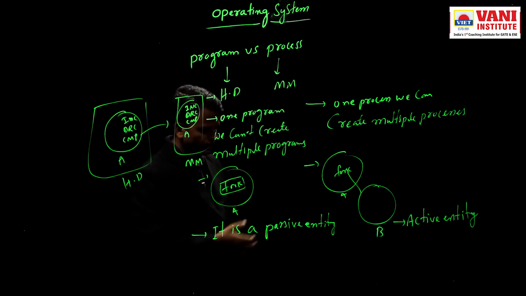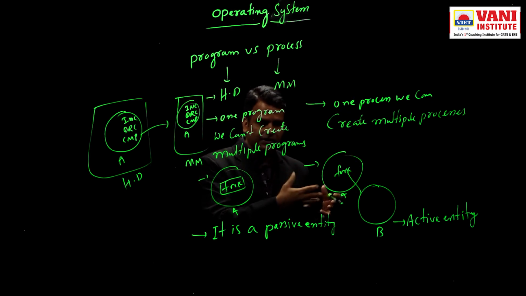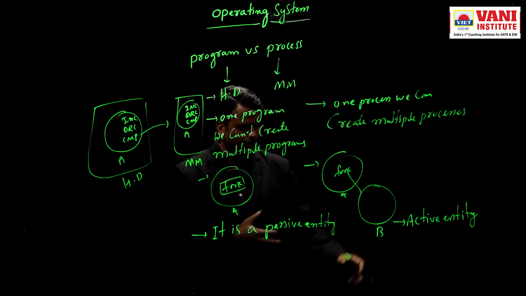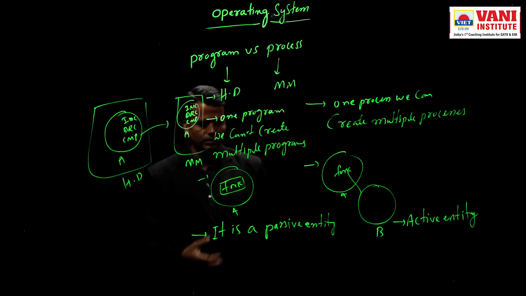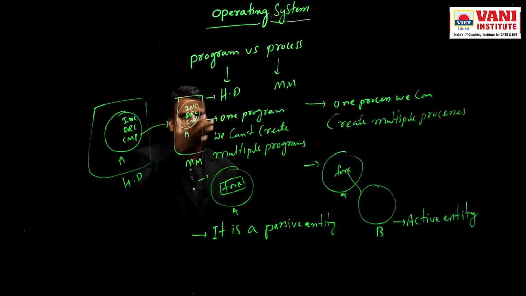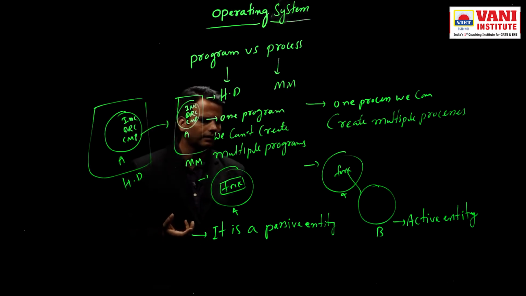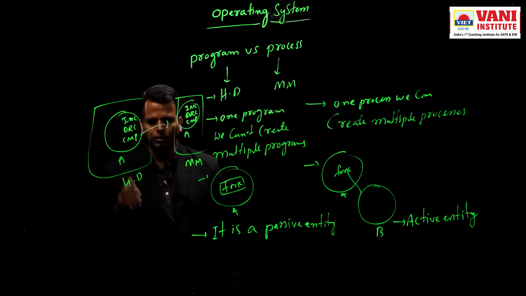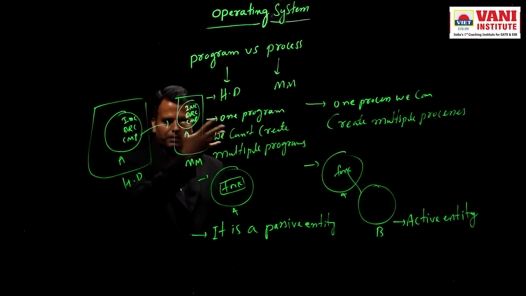Because a process is in action, and a program is not in action. So that's why it is active and it is passive, because it is not performing any action. But my own analysis regarding this topic is, generally I say that a program is like a dead body and a process is like an alive person.